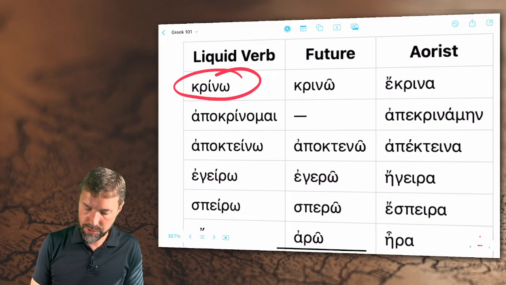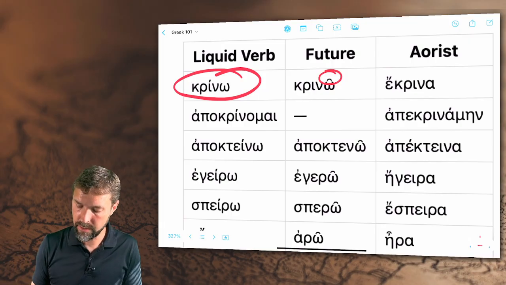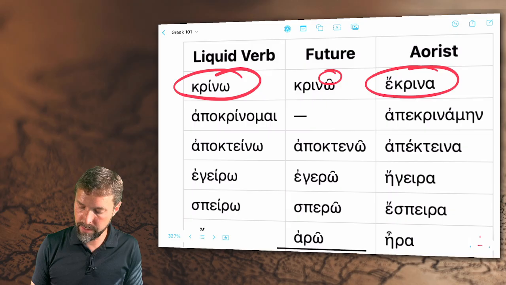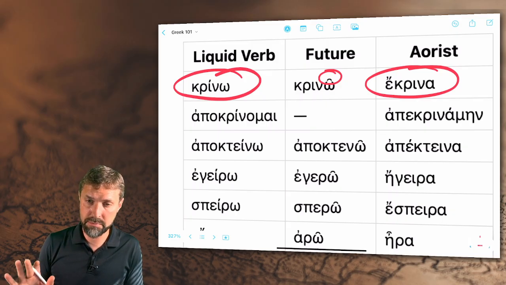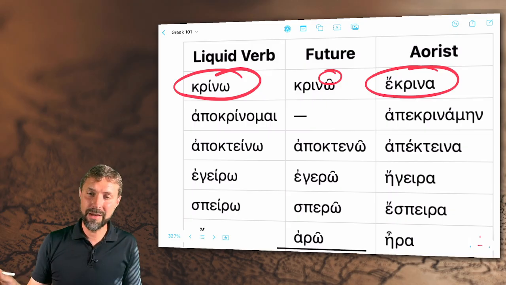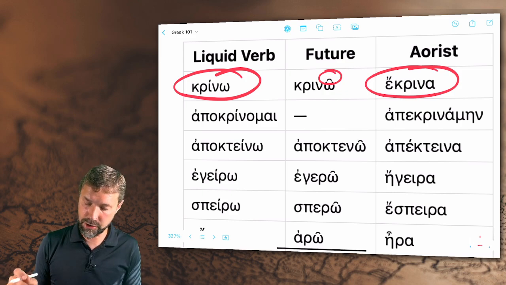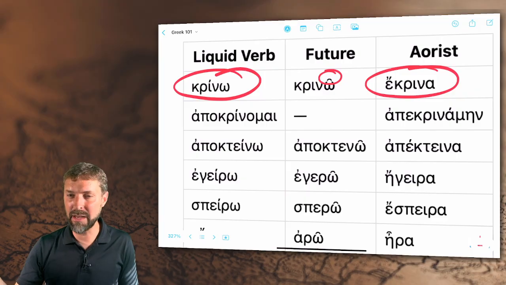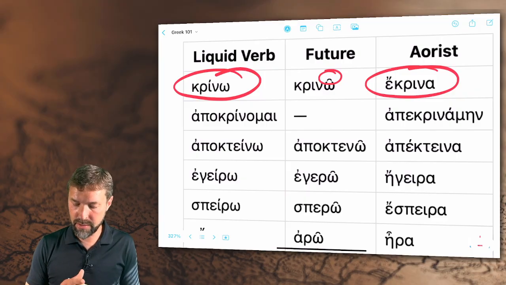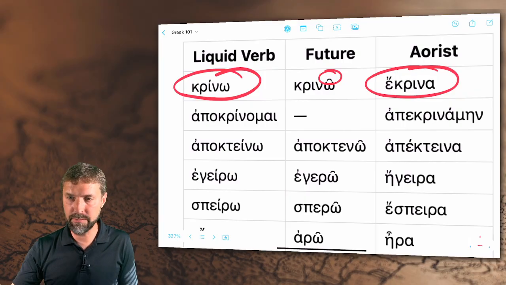When I go to the future, the only difference is a circumflex. I just taught you that. And when I go to the aorist form, my only difference, the stem didn't change, nothing like that happened. The sigma is dropped out. And so I should be expecting ekrina. I didn't get the sigma, so I have augment, stem, no sigma, alpha.